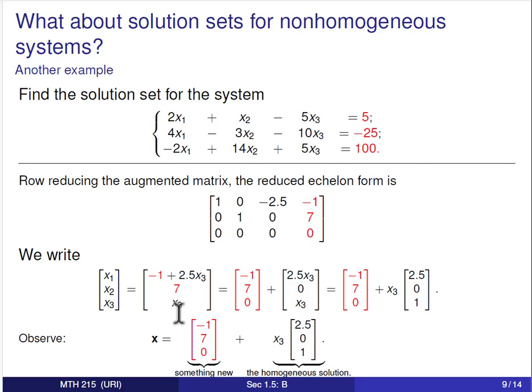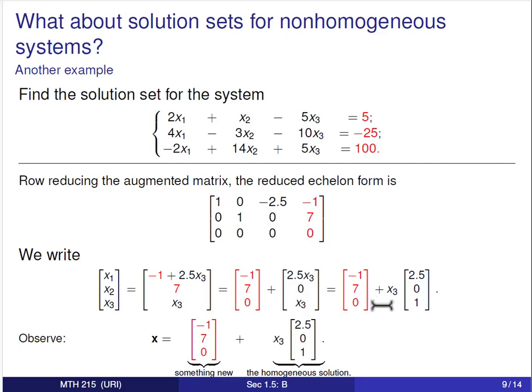And then now we're going to split it up as before. So any part that has an x3 attached to it, I'll put in the second vector there. And any part that doesn't have an x3 attached, I'll put in its own vector there. So we get (-1, 7, 0) plus x3 times (2.5, 0, 1).